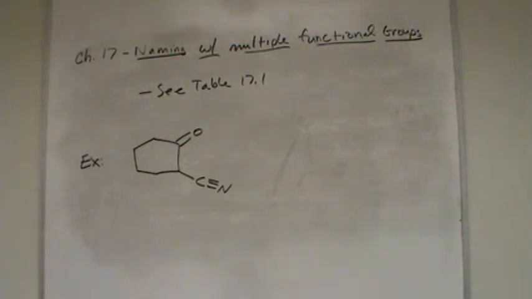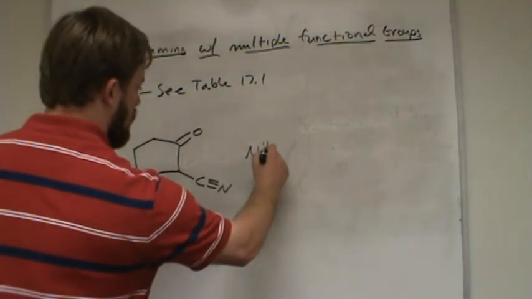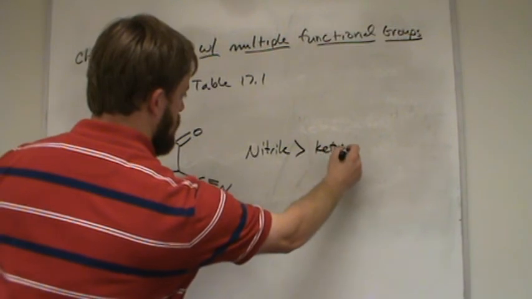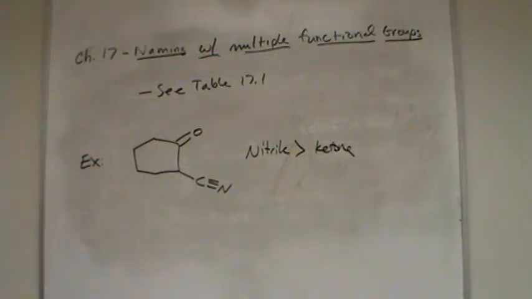Check table 17.1, see which gets higher priority. Believe it or not, it's a nitrile. So the nitrile will be our suffix, the ketone will be treated as the prefix.